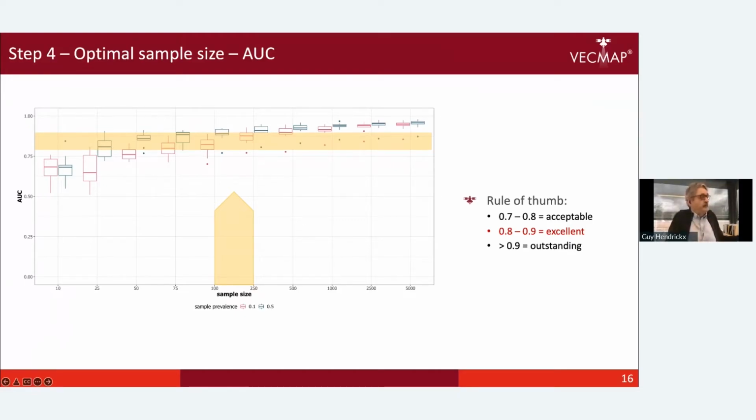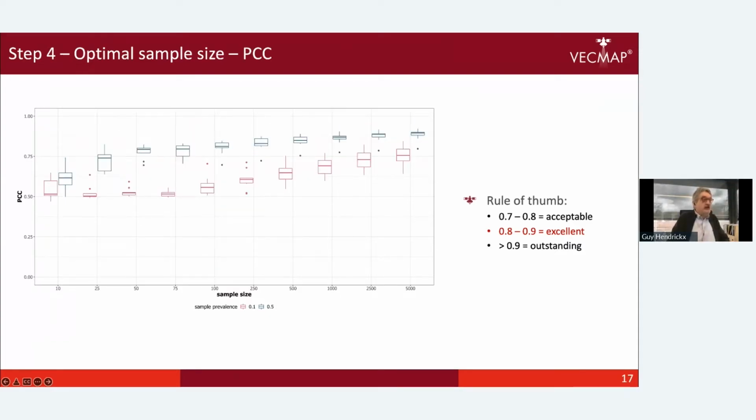That is good, especially because we were testing a wide range of habitat suitability prevalences. You come close to 1 even, but then with 5,000 samples. But you have very good results with 100 to 250 samples. We could actually say for the area under curve, 75 to 100 may be enough.